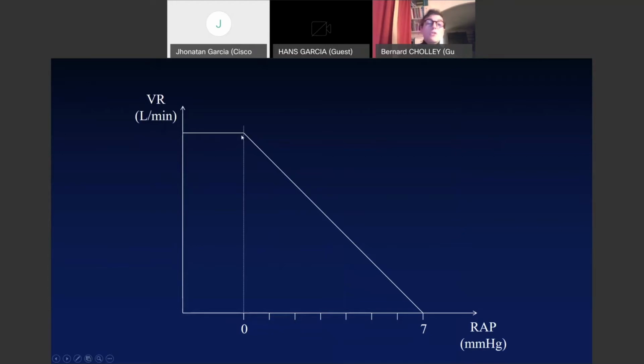Because when the pressure goes below 0 in the right atrium, then you have a collapse of the right atrium or the vena cavae, and you cannot increase venous return further. But when you increase the right atrial pressure, you observe a linear decrease in venous return, and this venous return becomes 0 for a value of mean systemic pressure that is only 7 millimeters of mercury.